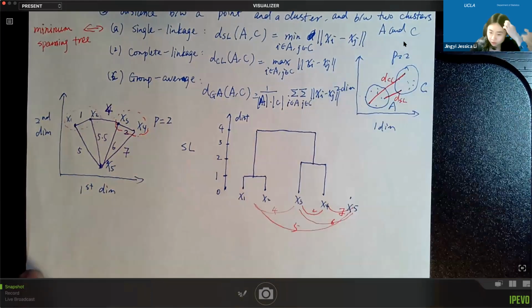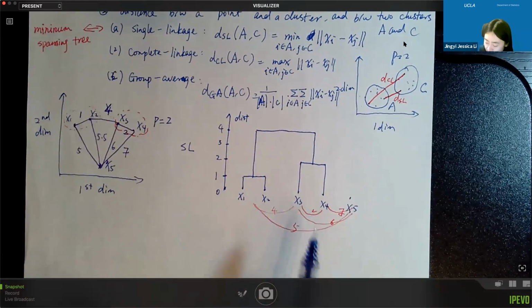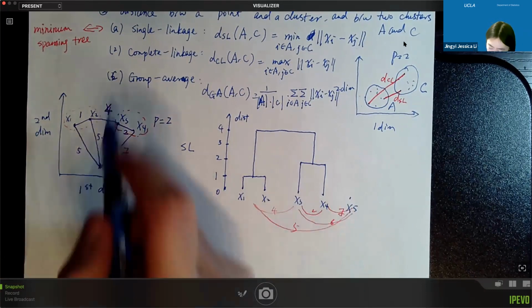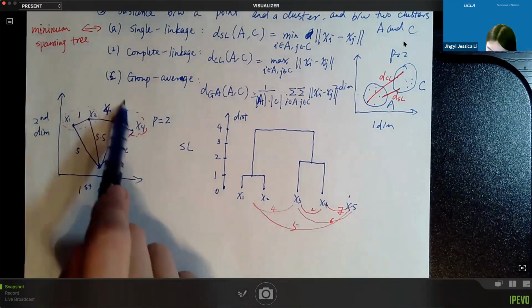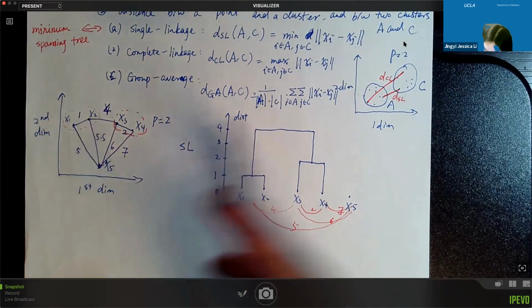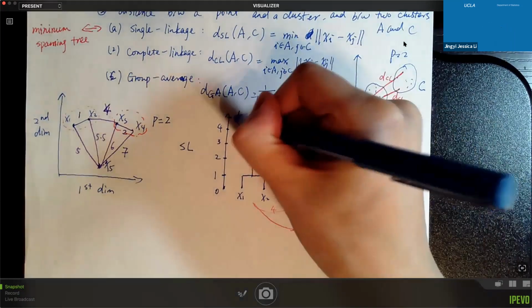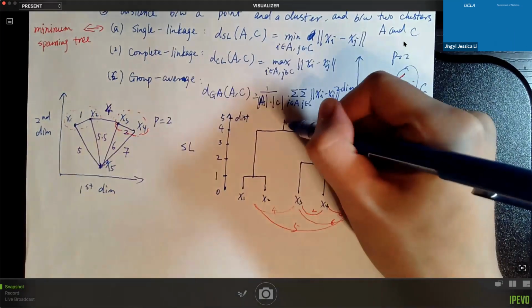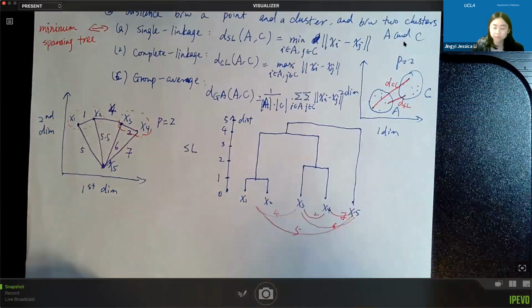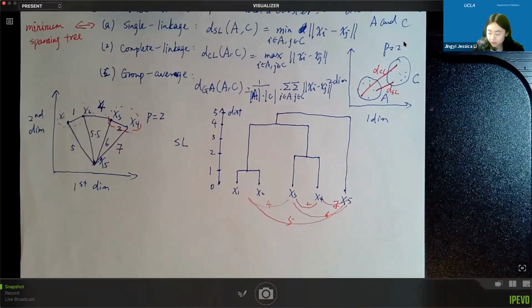So finally, I'm left with 2 clusters. These 4 are in one cluster and only x5. Comparing this cluster to x5 by single linkage, the distance is 5. So I'm going to do the final merge at distance 5. This is the result I would get by hierarchical clustering with single linkage.